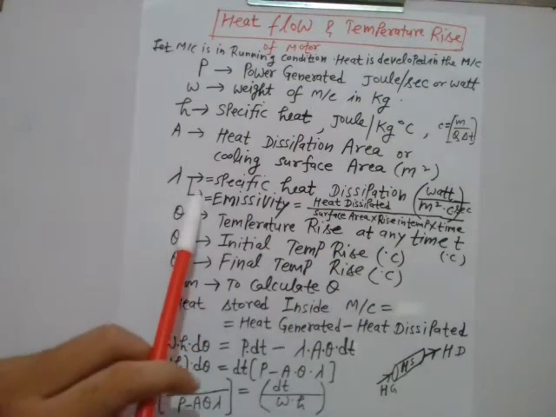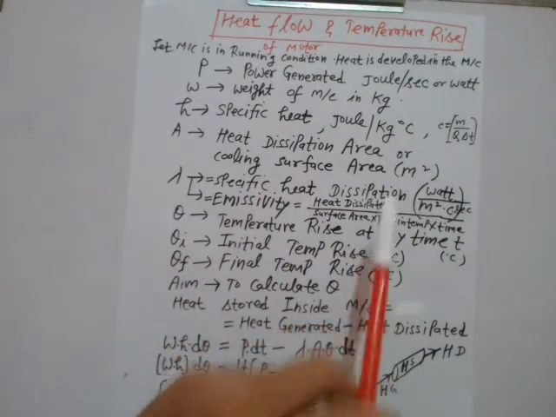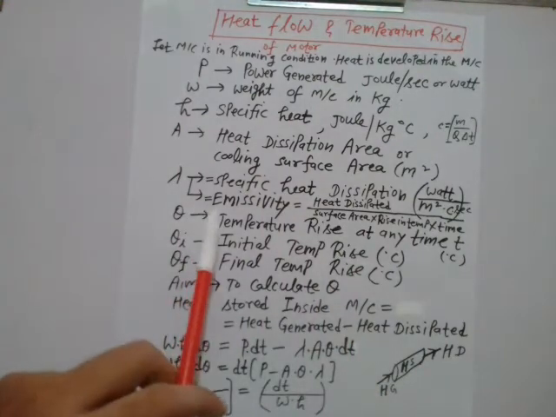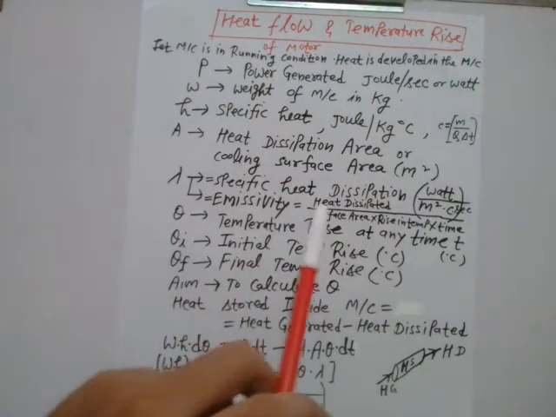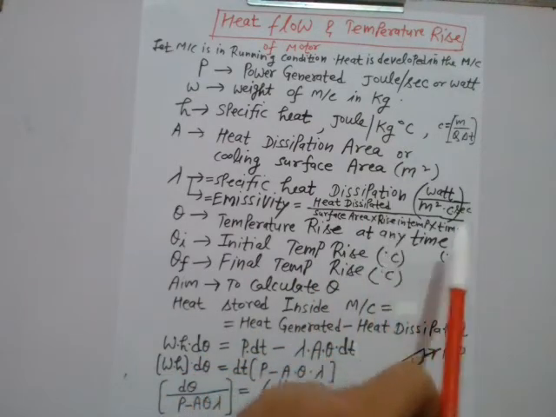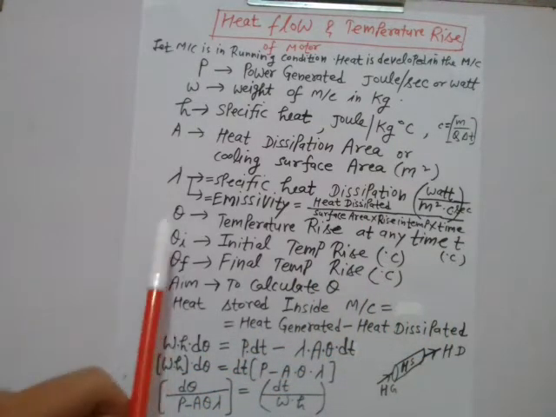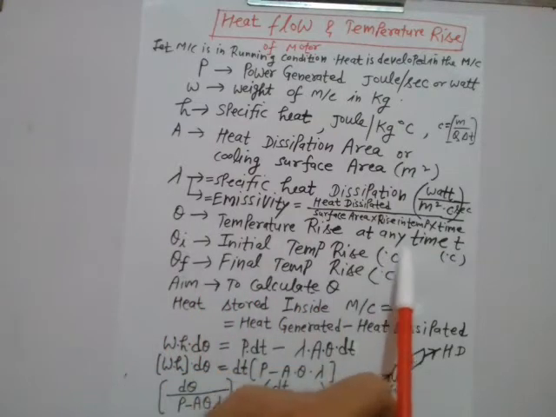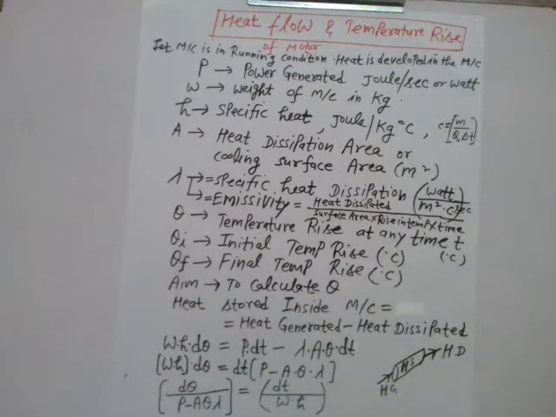Lambda is the specific heat dissipation, also called emissivity, which is equal to heat dissipated divided by surface area into rise in temperature into time. Theta is the temperature rise at any time t in degrees Celsius.